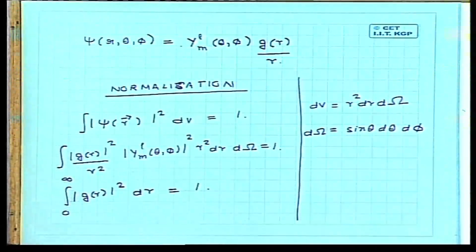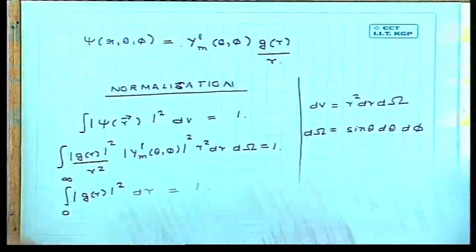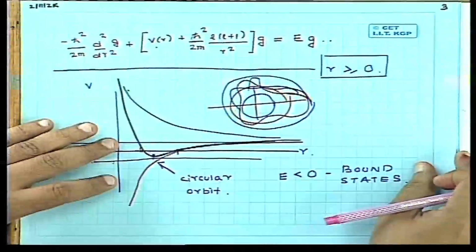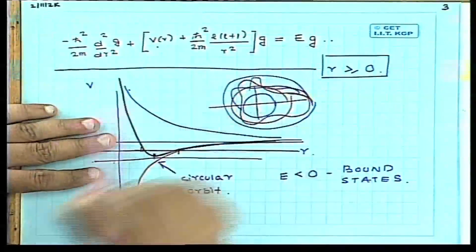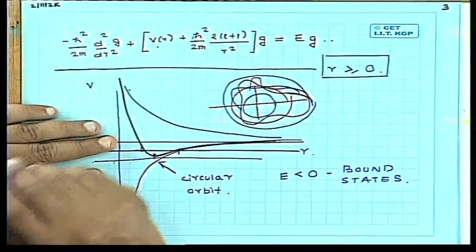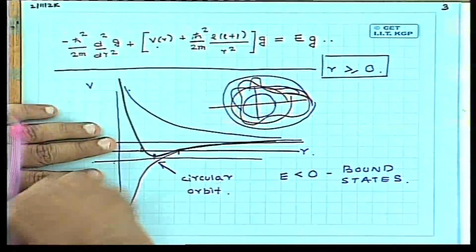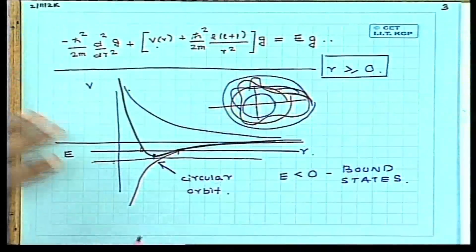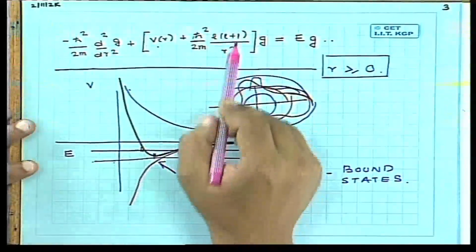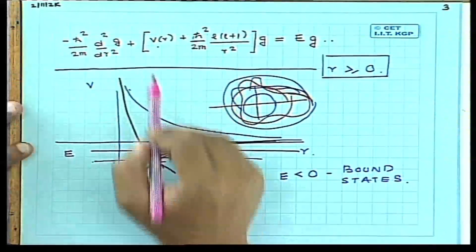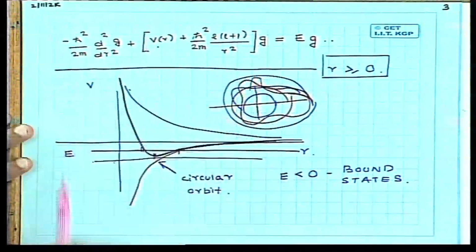Now we saw in the last class that the equation which governs the function g is nothing but a one-dimensional Schrodinger equation. So you can interpret this as the Schrodinger equation for some fictitious particle moving in one dimension in a potential which is somewhat different from the original potential.